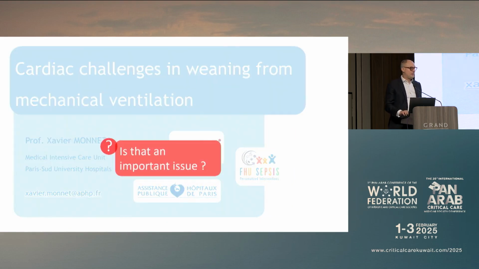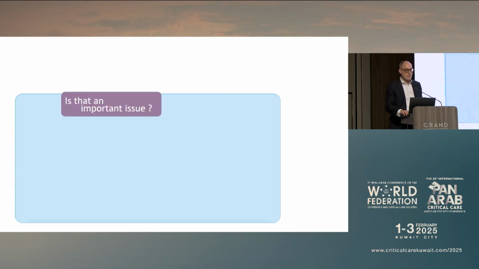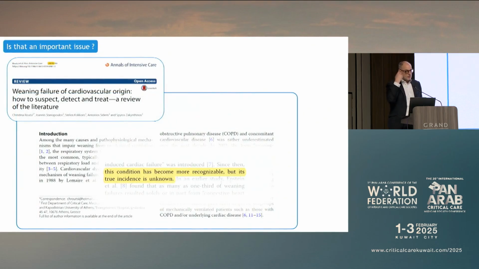The first problem is indeed, how important is it? I mean, is it a very common issue? If you read some very nice position articles, here in a review, it was said that this condition of weaning-induced cardiac dysfunction has become more recognizable, but that its true incidence is unknown, and this was, as you see, published in 2019.